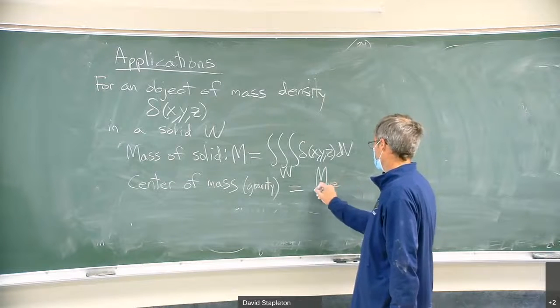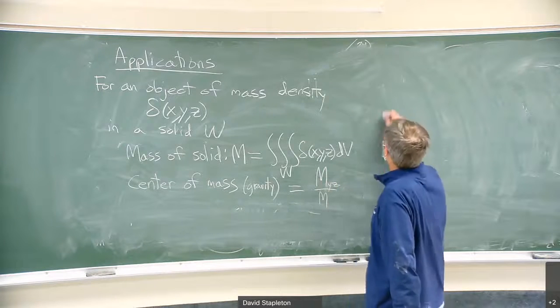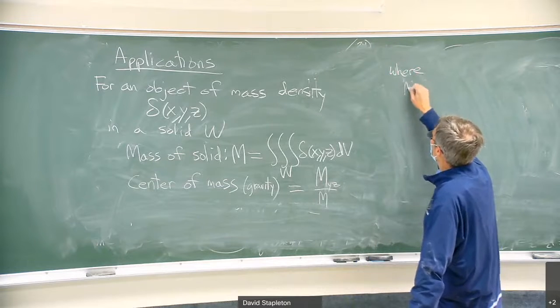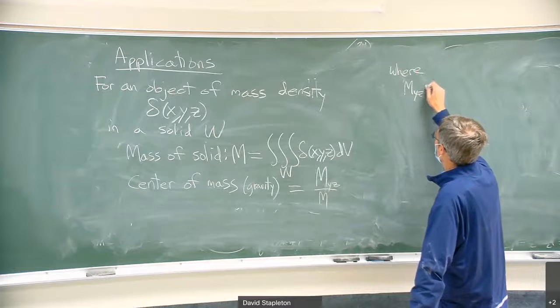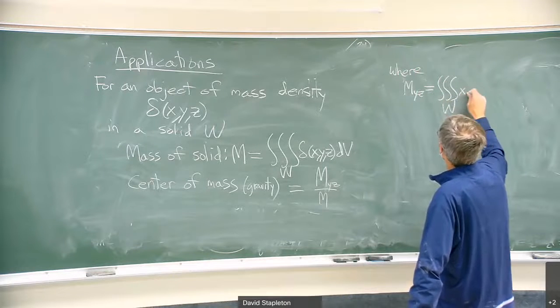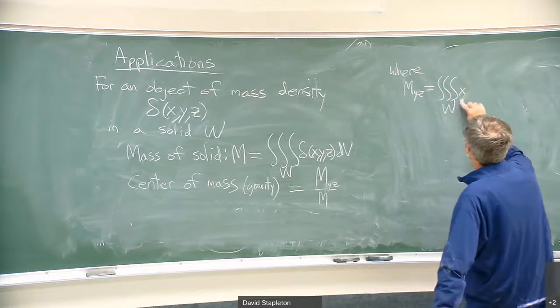MYZ over M, where MYZ is the moment about the YZ plane, is the triple integral over the solid of x times the density.